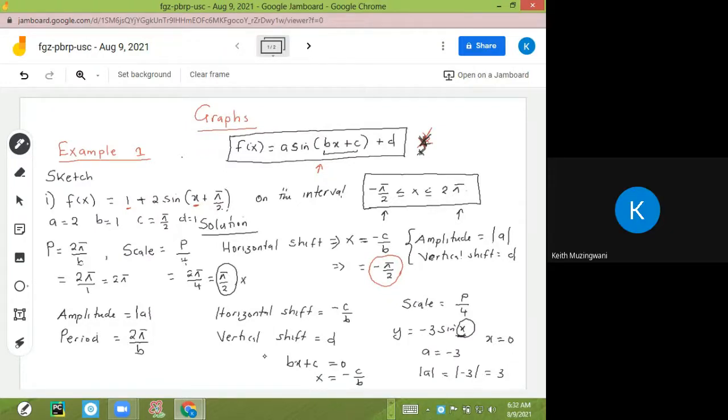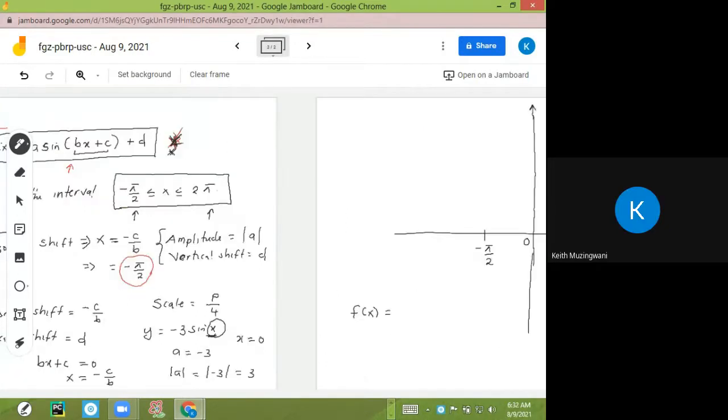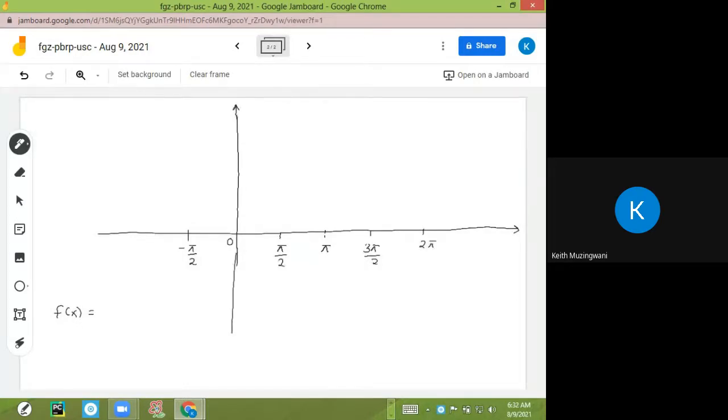So you stick to your scale. The scale is the number that you add to the horizontal shift to start getting the other numbers. So our horizontal shift is negative pi over 2. Then our scale is positive pi over 2. So we'll keep adding positive pi over 2 to every number until we get to 2 pi, so that our spacing in between is pi over 2. Which numbers are we talking about?